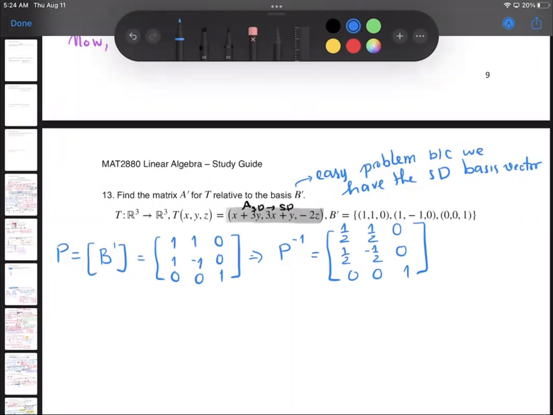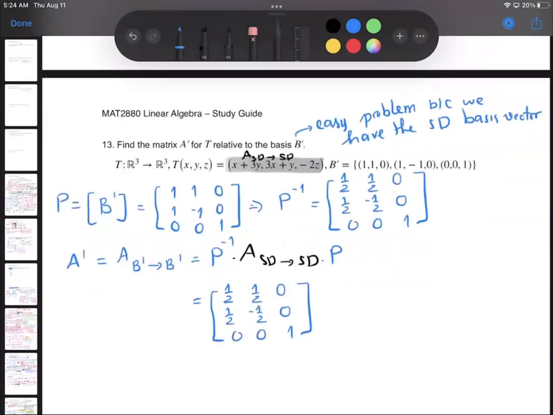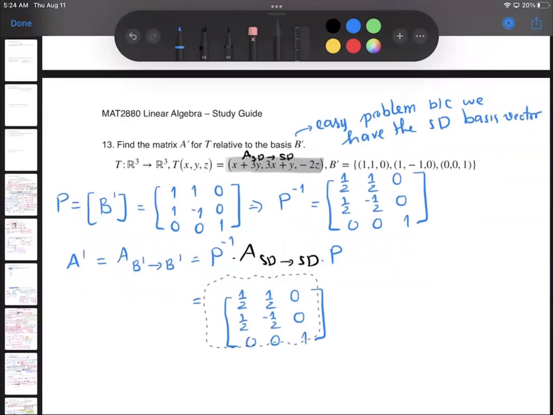Right. Now, A prime is equal to A, B prime to B prime, right? Which is equal to what? P inverse times A standard to standard times P here, right? All right, just plug it in. What's P inverse? P inverse is this one. And your A is going to be 1, 1, 3, 0, 3, 1, 0, 0, 0, negative 2.